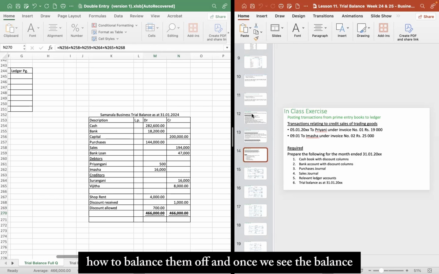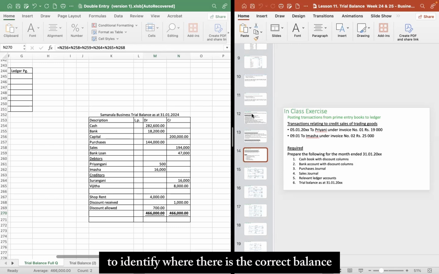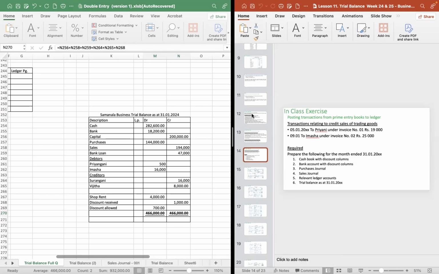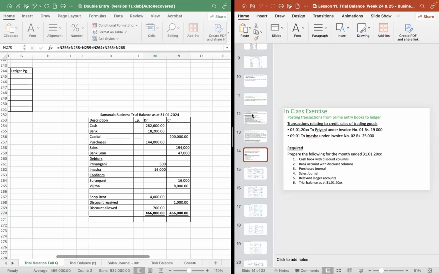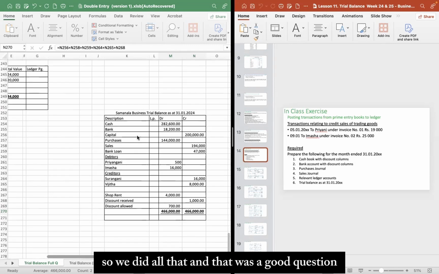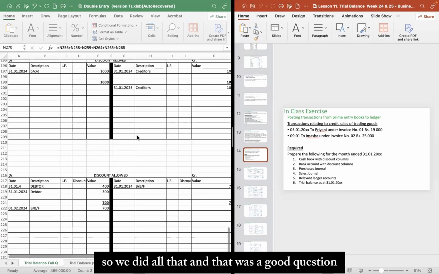And once we see the balance, to identify whether it is the correct balance. Credit කෙනෙක් නම් credit balance එකක් තියෙන්න ඕනේ. Debit කෙනෙක් නම් debit balance එකක් තියෙන්න ඕනේ. හරිද? ඊට පස්සේ finally posting all of these into the ledger account. So we did all that, and that was a good question.